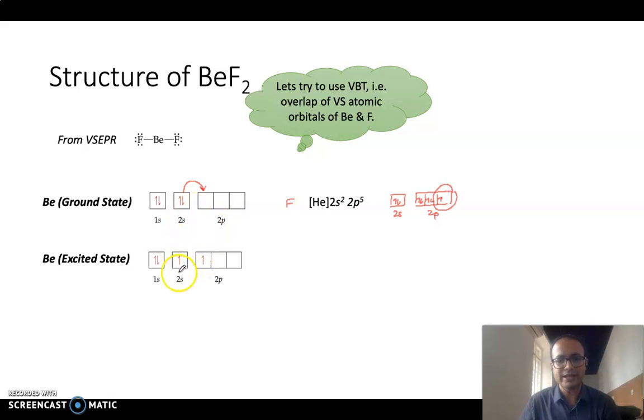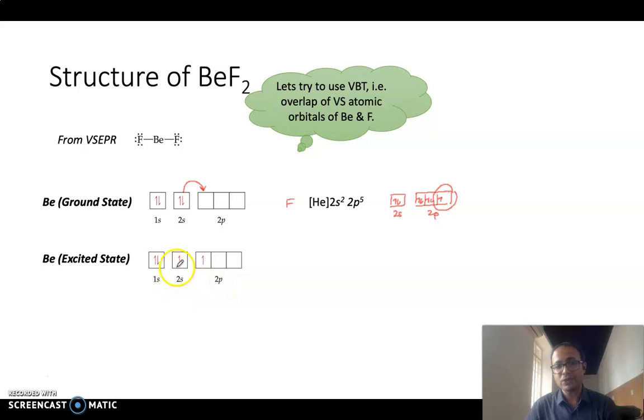When we unpair and excite the electron to the 2p orbital, we get two unpaired electrons, one in the 2s and one in the 2p orbital. So now beryllium can form two bonds with the two fluorine atoms very easily.